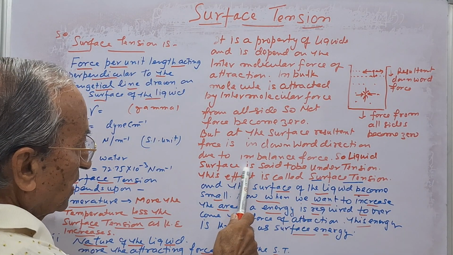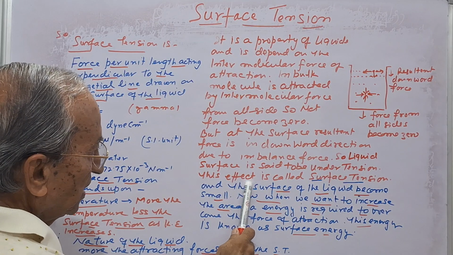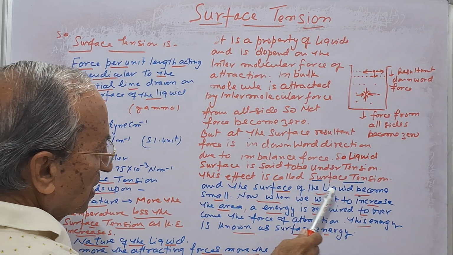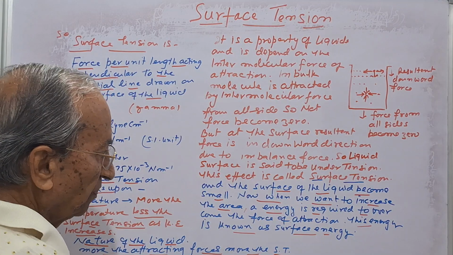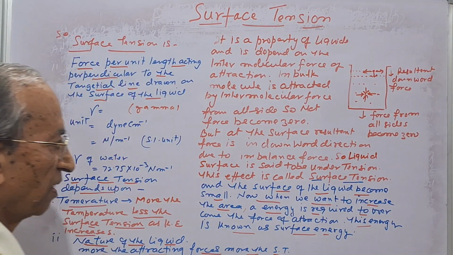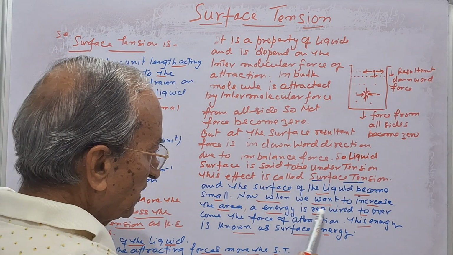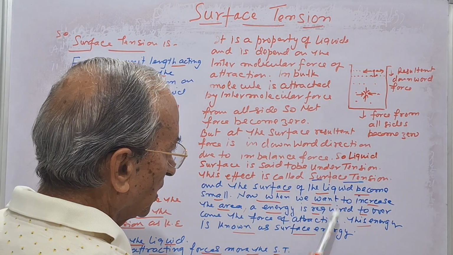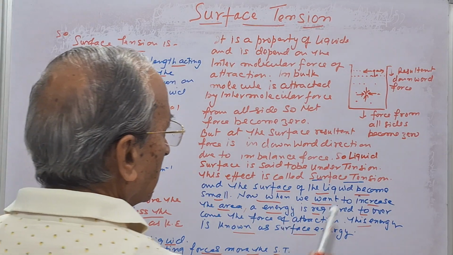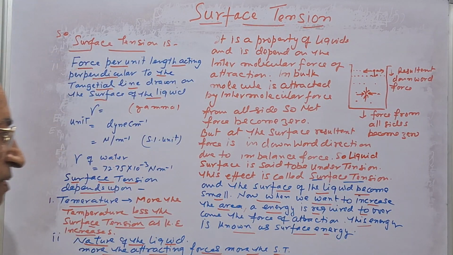So the liquid surface is said to be under tension. This effect is called surface tension, and the surface of the liquid becomes small. Now when we want to increase the area, energy is required to overcome the force of attraction, and this energy is known as the surface energy.